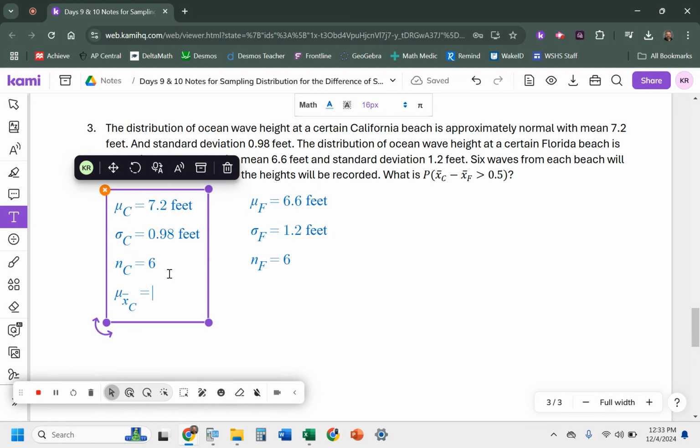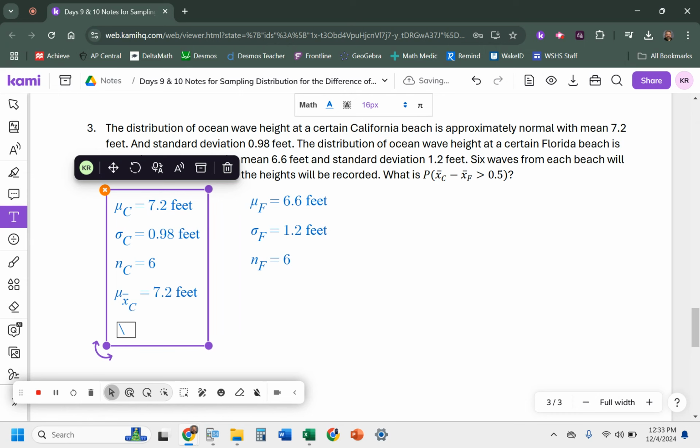So this is still going to be equal to 7.2 feet. So the mean of my sampling distribution of sample means is the same as my population mean. We looked at why before, because the sample mean is an unbiased estimator of the population mean.